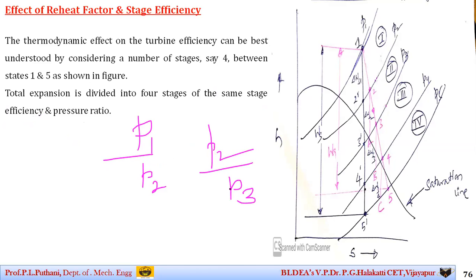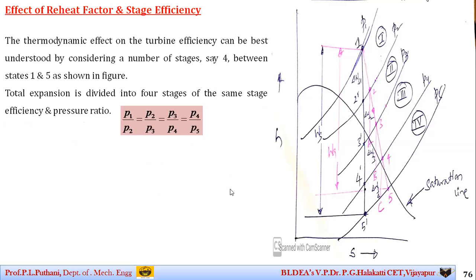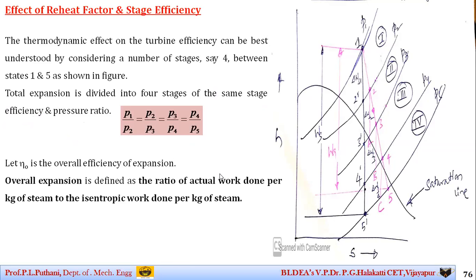And this pressure ratio remains the same for all the stages along with their stage efficiencies also. So therefore, I get it in the form of pressure ratio. And if I consider eta naught as my overall efficiency of the expansion, then I can define it as the ratio of actual work done per kg of steam.